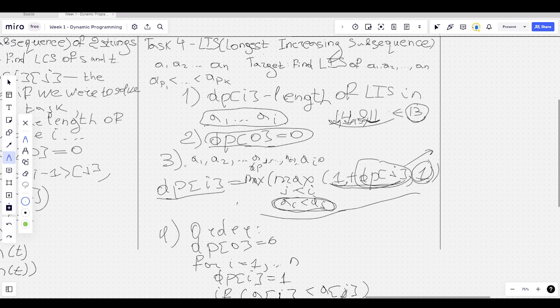We just iterate through the array and look whether we can continue our longest increasing subsequence.